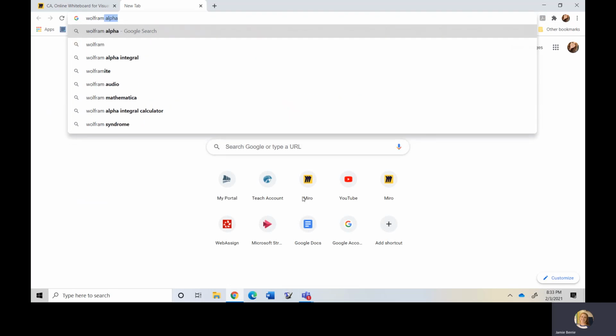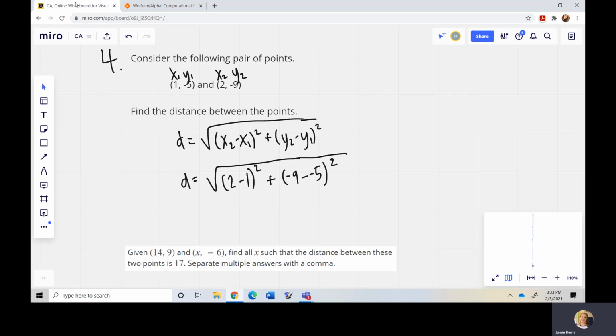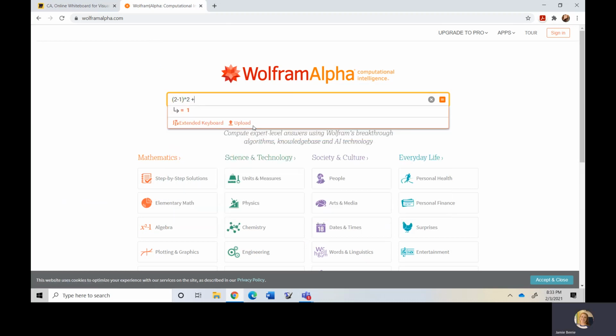So let's go to Wolfram Alpha. Wolfram Alpha is just an online calculator. And we're going to type this in. So let's just check. I'm just going to type in what's inside of the radical. So 2 minus 1 squared plus -9 minus -5 squared.